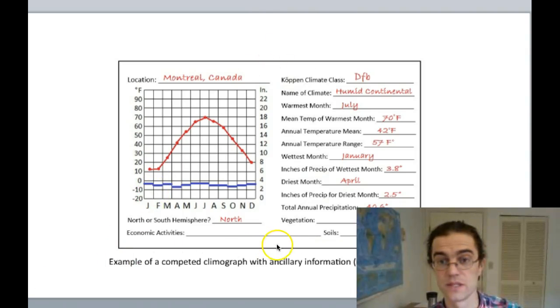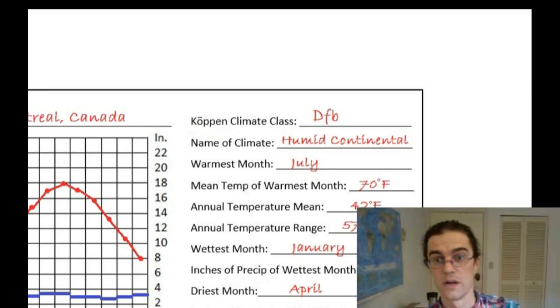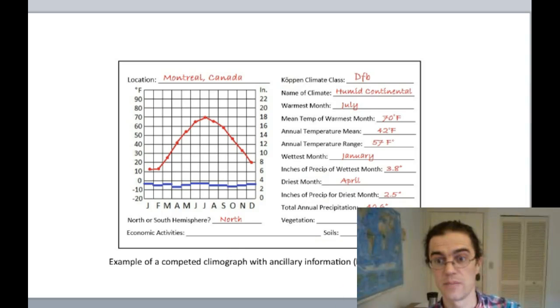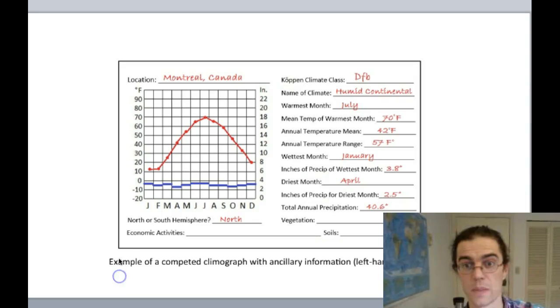So for instance, Montreal, Canada, Montreal in English, is one of the stations, one of the places we're going to do this for, and here we're seeing an example of this completed climate graph with the information filled out.